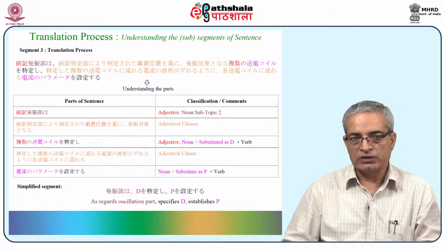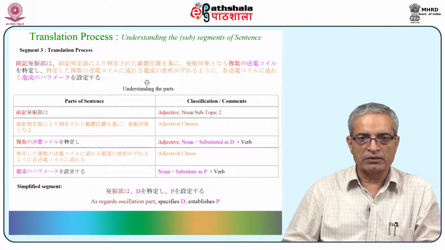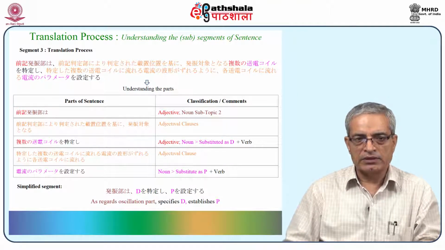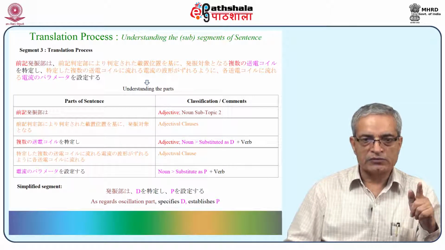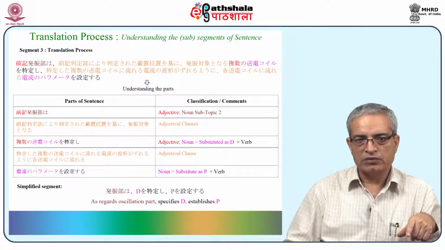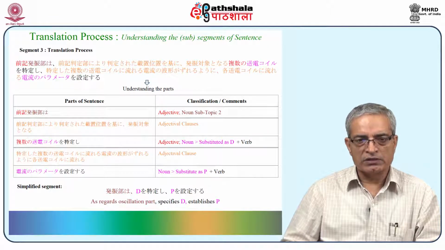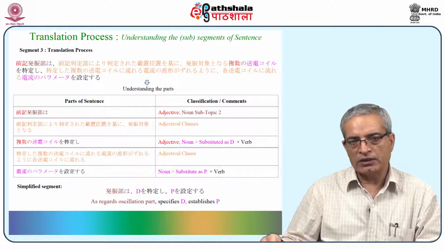Now let's do the same thing with segment 3. First is understanding the components, the parts, that is the subsegments, and first is zenki hashin bu wa, so it's an adjective plus noun which becomes subtopic 2. Then the next one is omotoni and then comma tonaru.